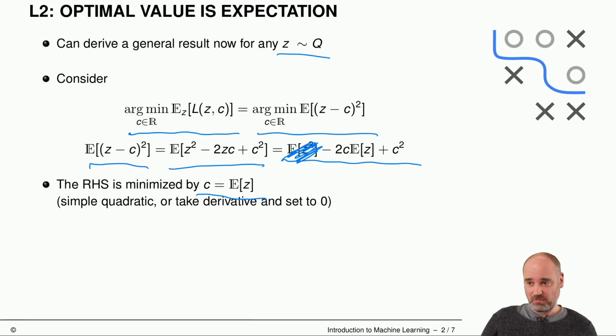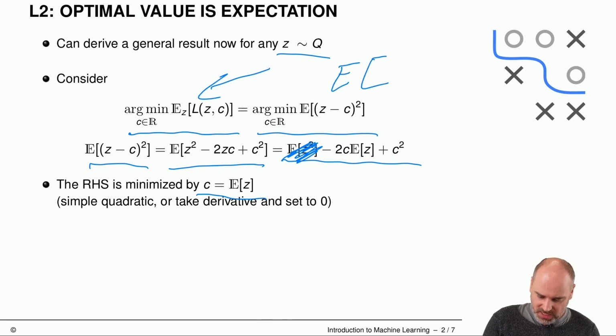Okay, so now you can also plug it into the formula above, and you could even compute the associated expected risk. Nice. So we now know that this is always minimized by the expectation of z. This is the best constant.